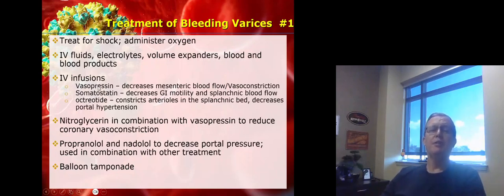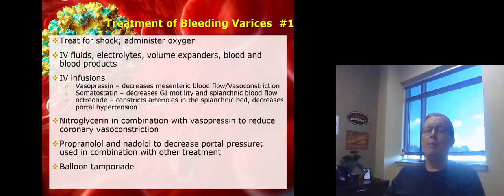We've talked about vasopressin as a hormone and its effect, antidiuretic hormone, on urine and urine retention. In certain doses, it decreases mesenteric blood flow, so it does produce vasoconstriction, and it draws blood flow away from and decreases the blood pressure in that area around the portal vein.